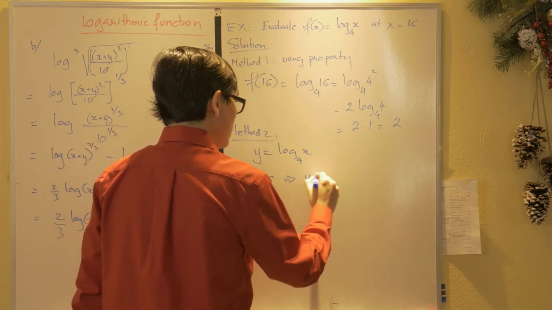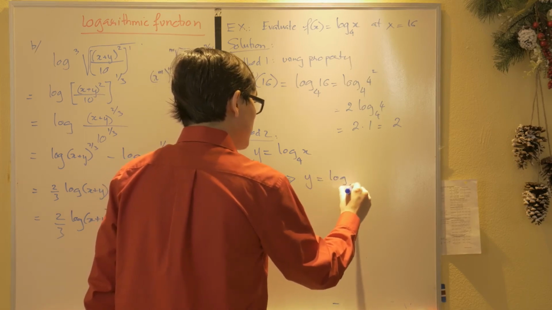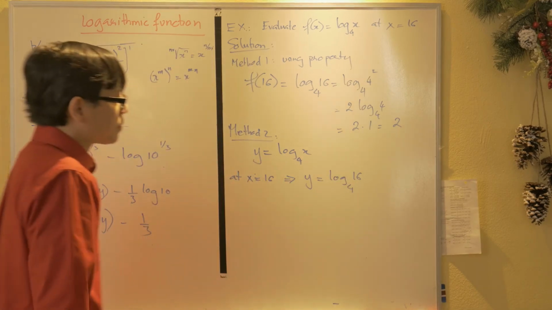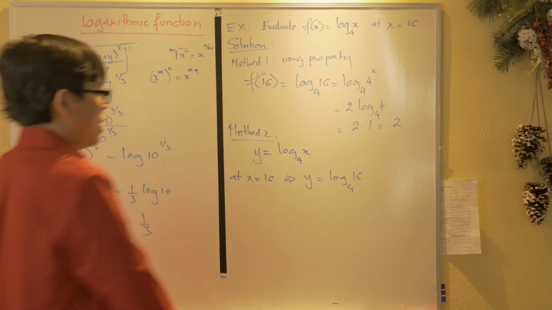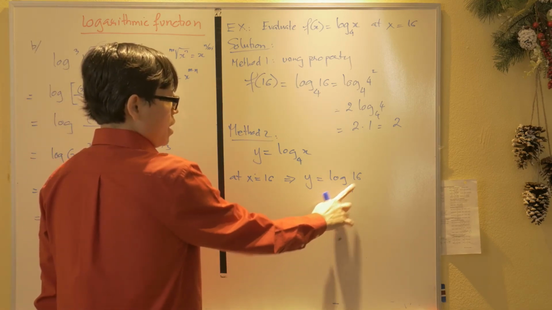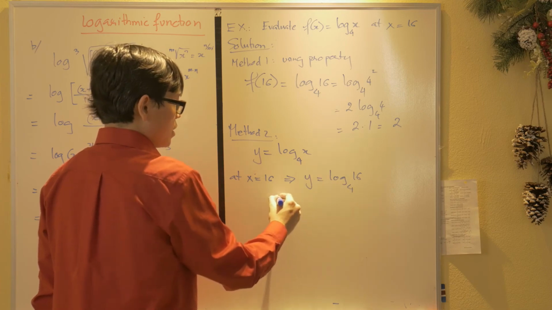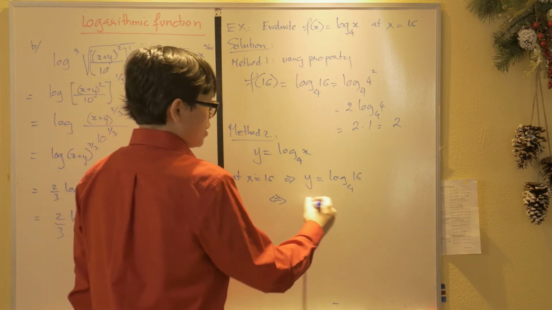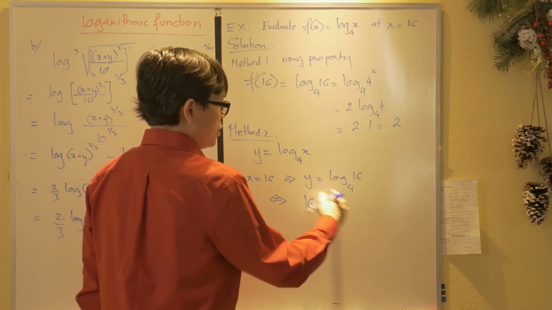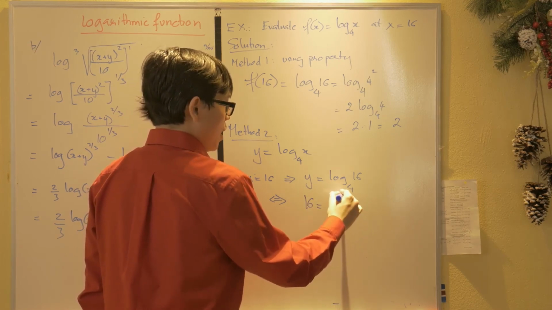Then y equals log base 4 of 16. Now we do the same as the log principle. This is b, this is x, so this is equivalent to x equals b to the y, so 4 to the y.